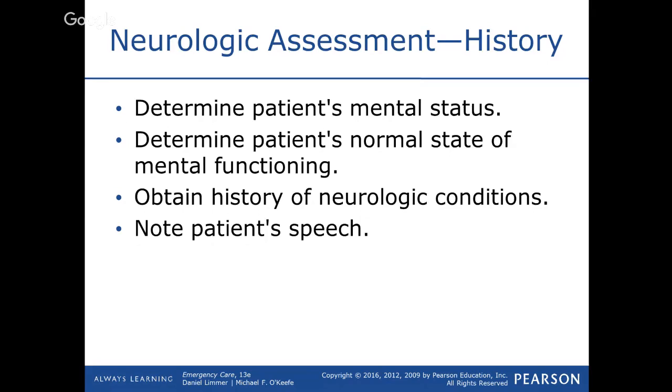Maybe they took a few too many of their prescribed medications. Or like me, I'll get into my liquor cabinet every once in a while and I get slurred speech. So that is a neurological deficit, right? I should not be operating heavy machinery whenever I can't even talk straight.